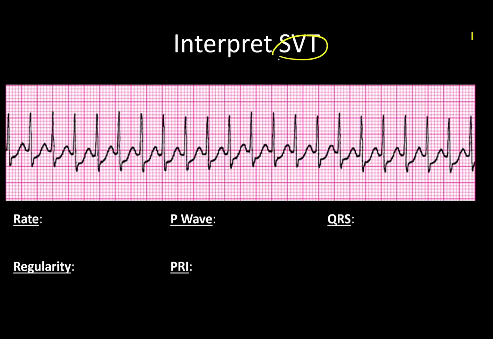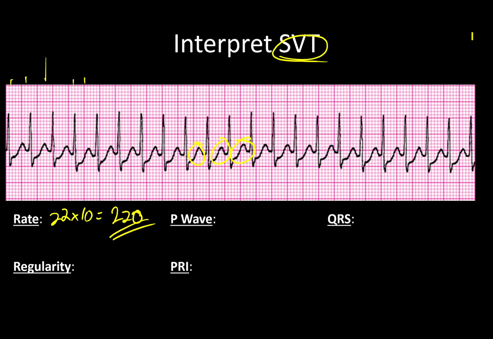This is supraventricular tachycardia. The big thing I want you to take away from looking at this strip is just how fast it is. If we count these out, there are 22 beats. So 22 times 10 equals a heart rate of about 220, which is crazy fast. And if you look here too, you can see how the T waves and the P waves, you can't really differentiate them from one another.